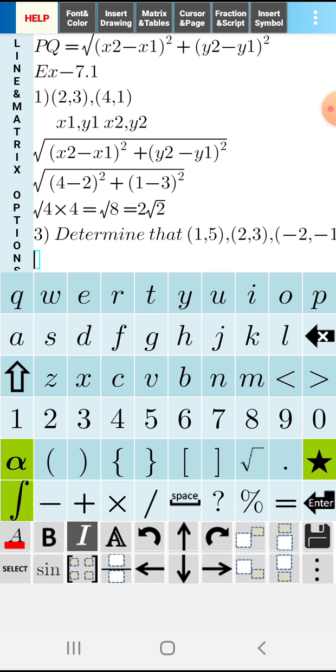Till now we have solved these problems by using the distance formula. This also will take (1, 5) and (2, 3). So I will not write the distance formula, I will solve it directly.